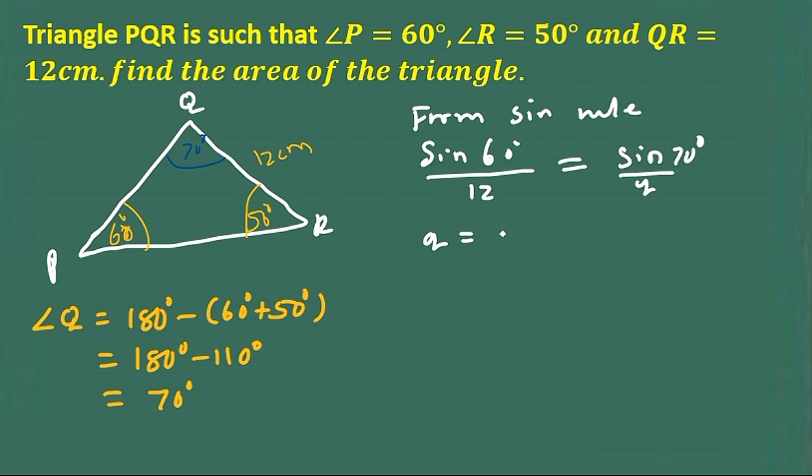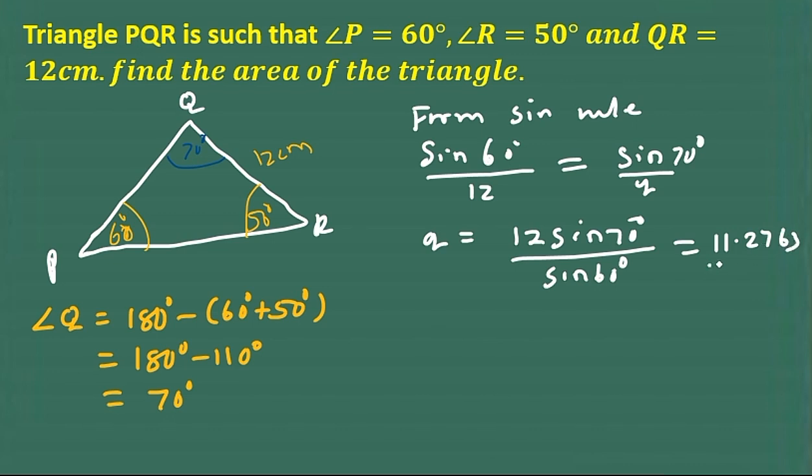This is going to be 12 sine 70 degrees, all divided by sine 60 degrees. If you punch this in your calculator, you are going to have 11.2763, all divided by 0.8660. So therefore the value of Q is 13 centimeters.